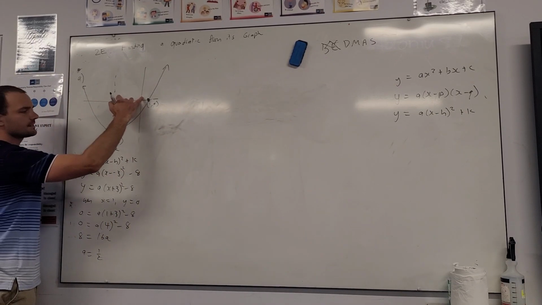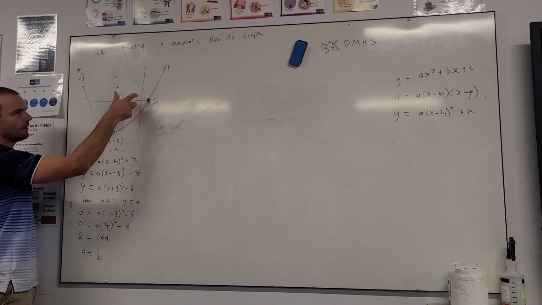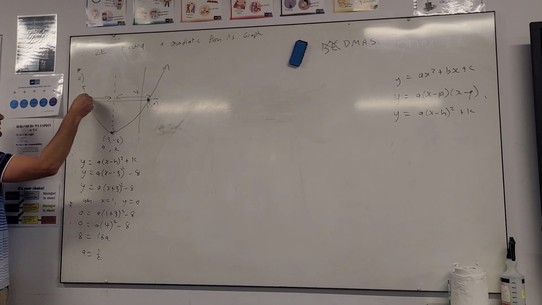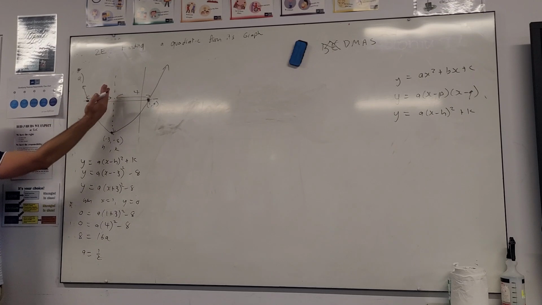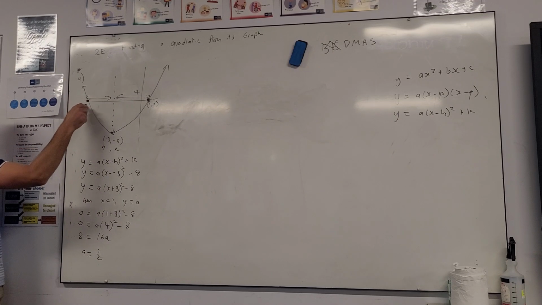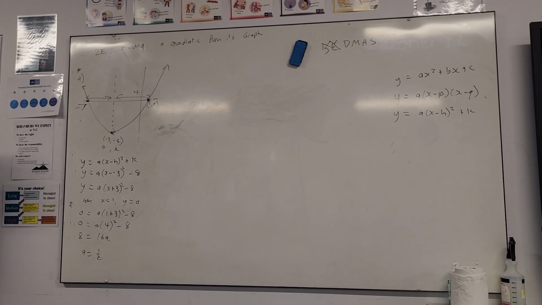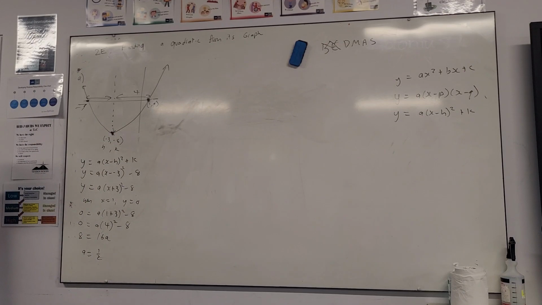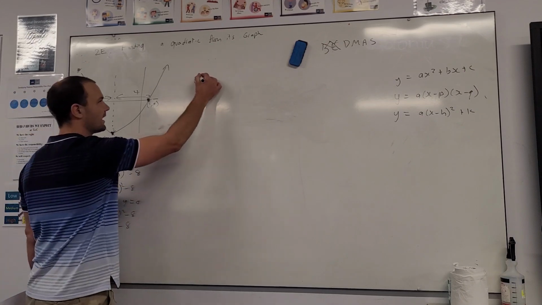So if this distance is from minus 3 to positive 1, this has a distance of 4, then so does this. And so that means this root has to be minus 3 take 4, negative 7. All right, and so we can get the roots because we know the x coordinate of the vertex, right? We can get the roots, and so we could write this one out like this.